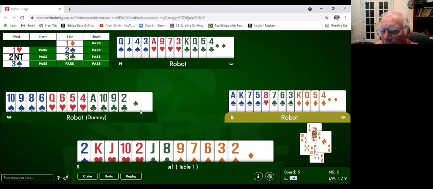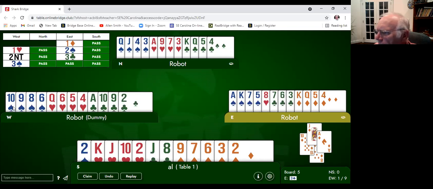Now, this is sort of a tough hand. So he says, well, let's go ahead and take a finesse, or see if we can drive out some of these cards. He's over here in his hand. He says, I need to get to the dummy. Okay.